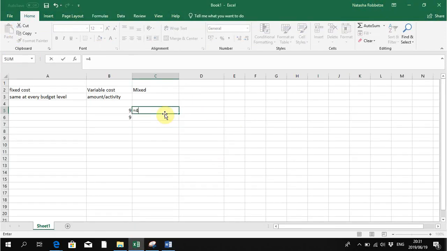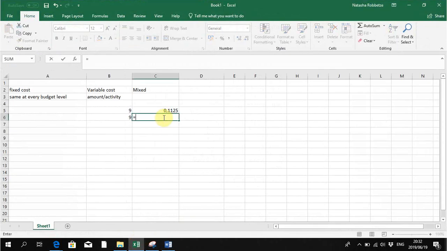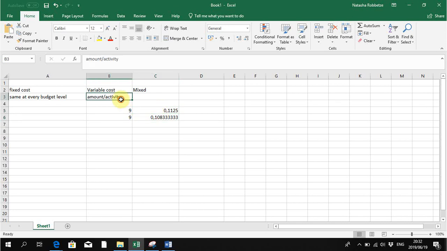If I apply the formula for variable cost, I get at the first budgeted level 11 cents basically. If I test at the second budgeted level, that's 6,500 divided by 60,000 units of activity, I get 10.8 cents basically. So you can see that this is not the same. And because those two answers differ when you apply the variable cost formula, you recognize that this is a mixed cost.